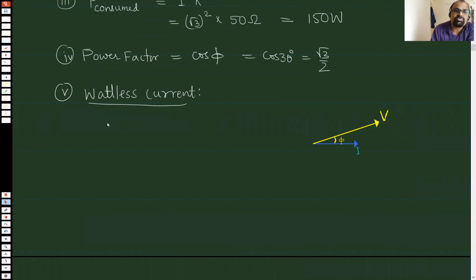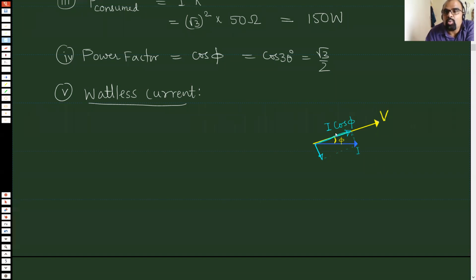Now, in order to find wattless current, we resolve this current into two components. One component is along the voltage and one component is perpendicular to the voltage. So from the tip of this, we drop a perpendicular onto the voltage. This component will be I cos phi.